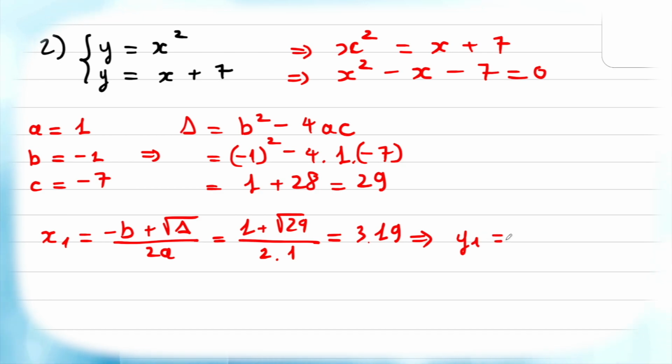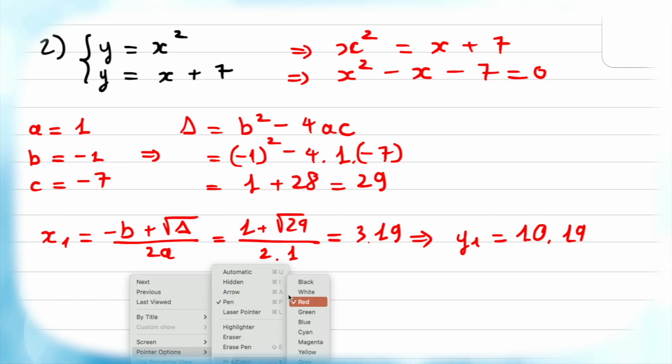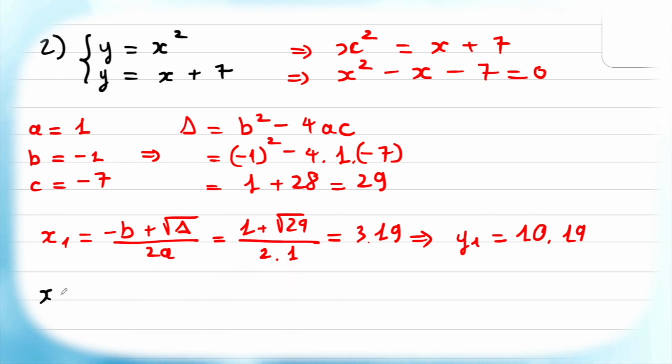After we figure out the value of x, we need to find the corresponding value of y. We use y equal to x plus 7, so the answer plus 7 gives 10.19.